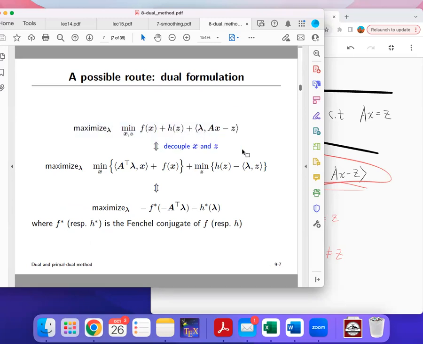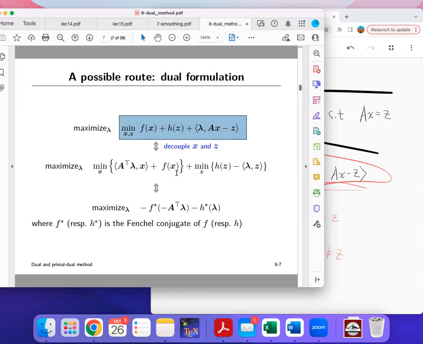First of all, for the inner minimization part, we can decompose this into minimization over x and minimization over z, because we can simply decompose this inner product term into two parts, Ax times lambda and z times lambda.